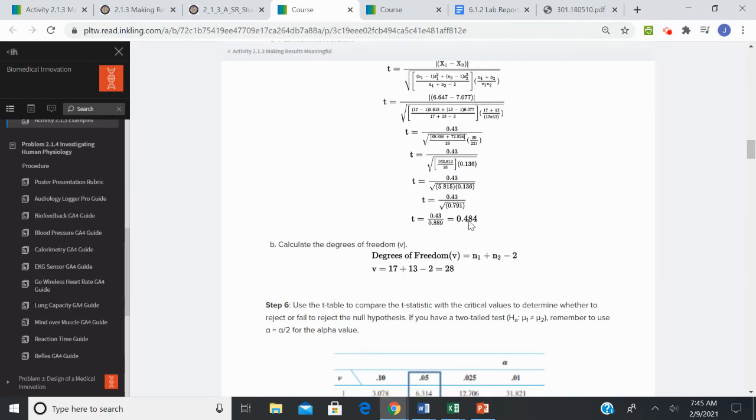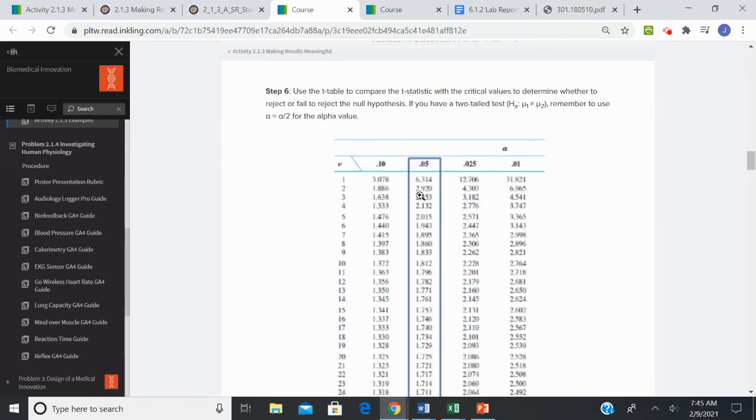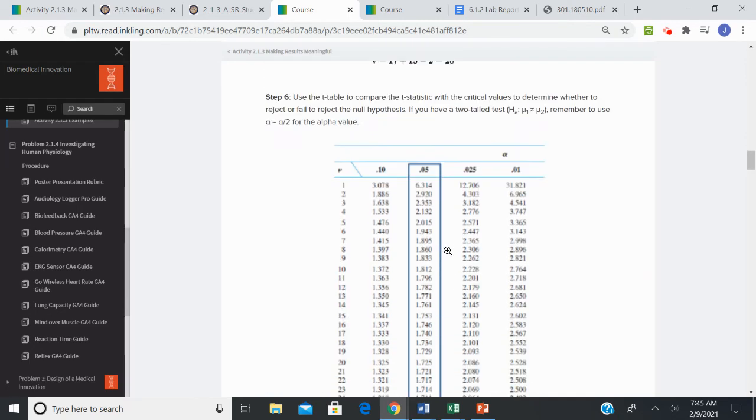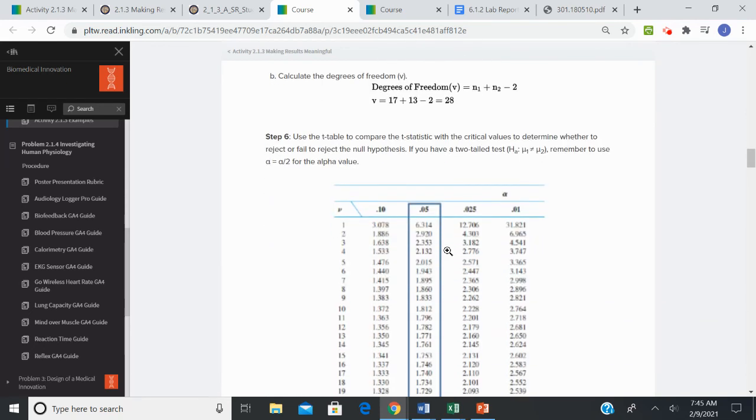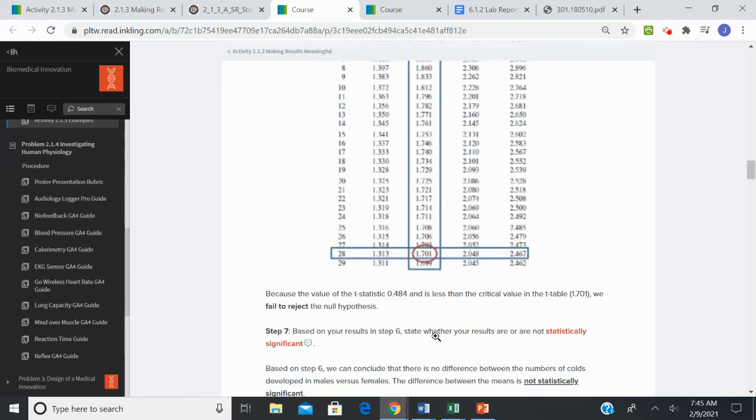The t-statistic is 0.484, and our alpha value is 0.05. We're always going to use this column, 0.05, for the alpha value. Our degrees of freedom is 28, and we see this number, 1.701.